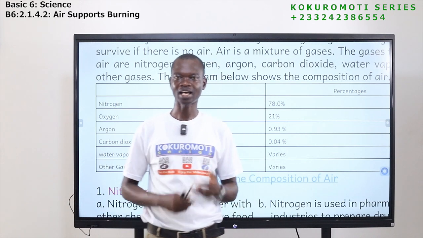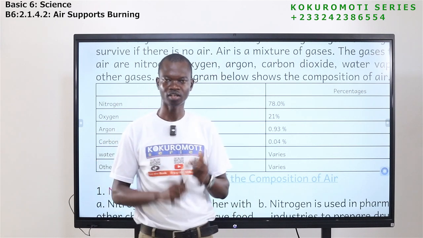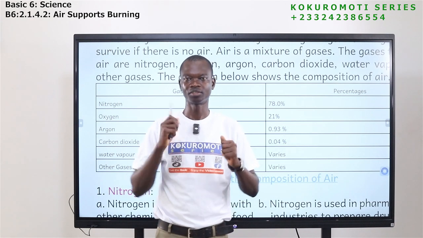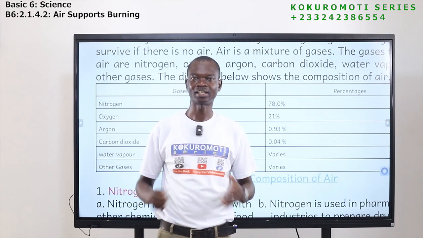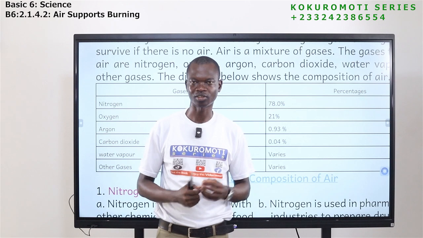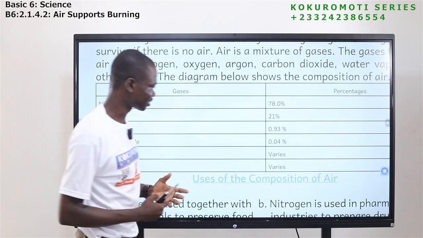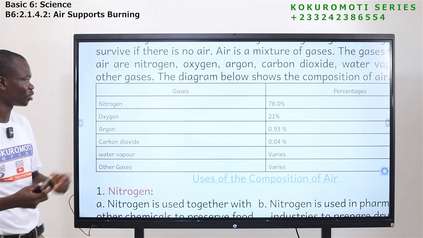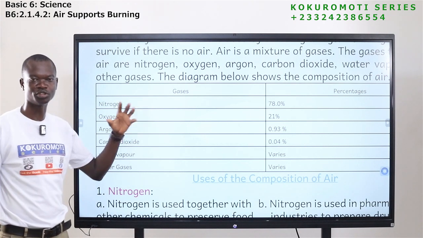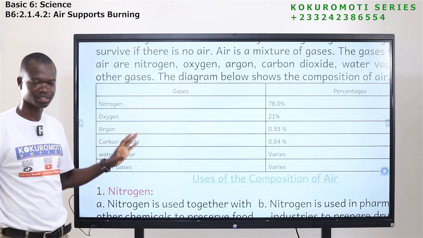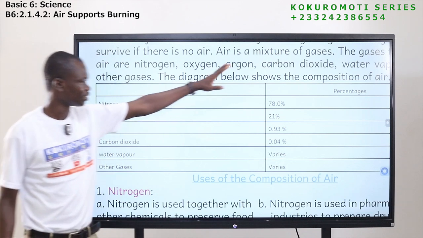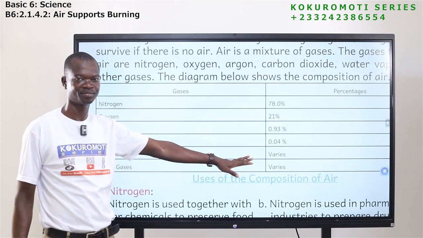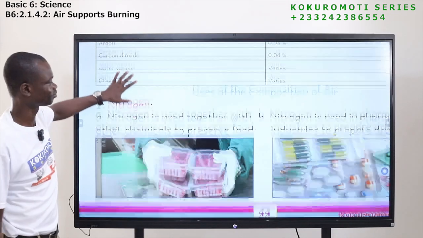So the components are nitrogen, oxygen, argon, carbon dioxide, we have water vapor, and other particles or other gases. They come together to form air. So every air that we breathe, we use, these are the components. Okay, the percentages too are also here. Look at them. Let's continue.